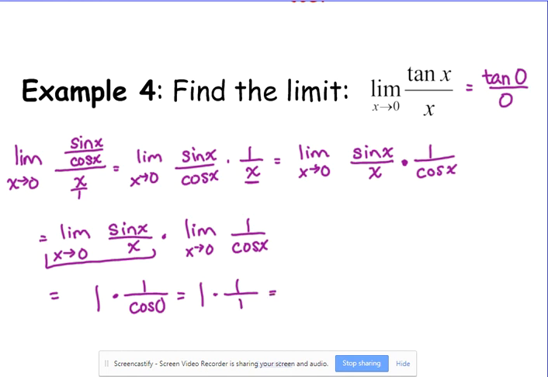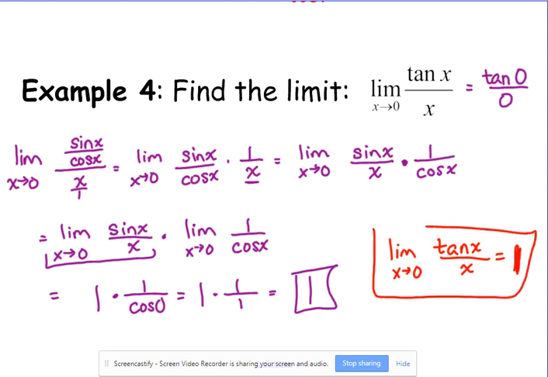So I've got 1 times 1 over 1. The limit as x approaches 0 of the tangent of x over x equals 1, just like sine of x over x equals 1. So that needs to go in your toolkit too.